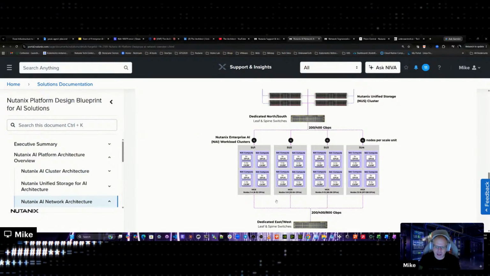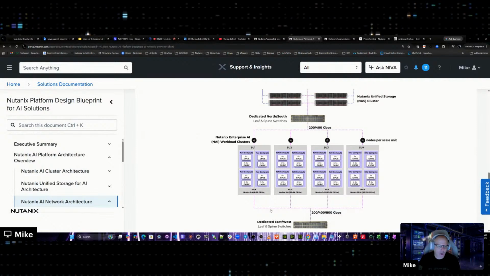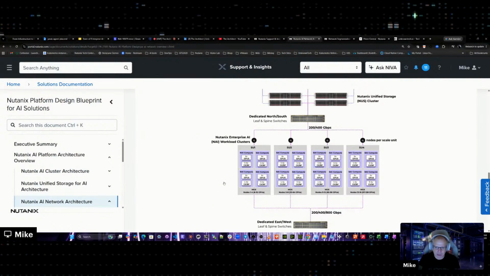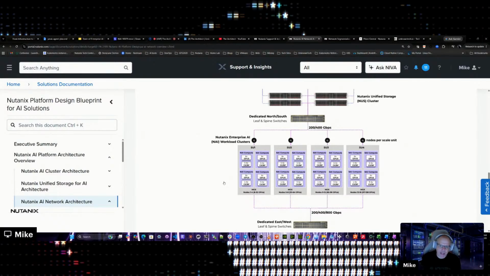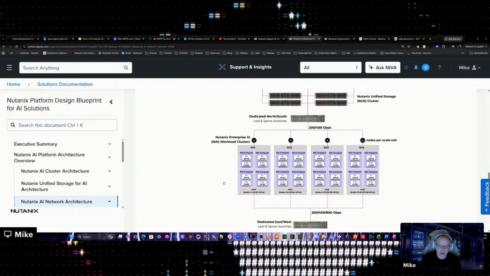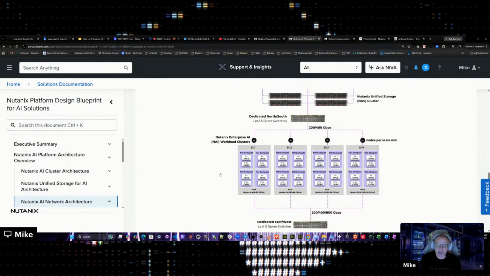How do they communicate? Well, they communicate over high speed networking, whether that's ConnectX 7, 8, or Bluefield DPUs, or a combination of those. I've seen a combination of Bluefield and ConnectX in the platform. I've seen complete ConnectX and I've seen complete Bluefield.